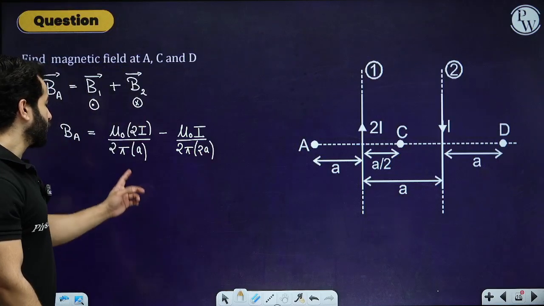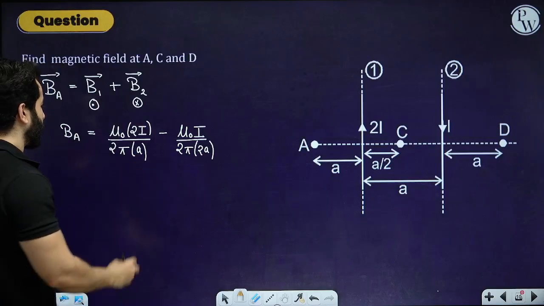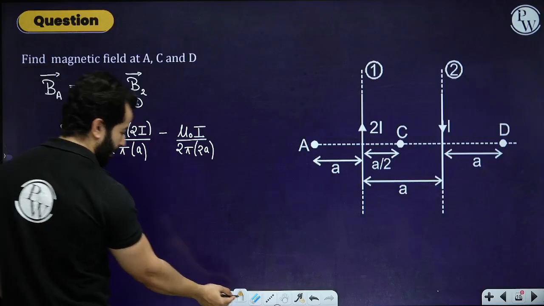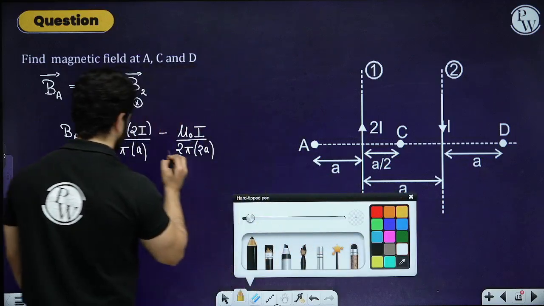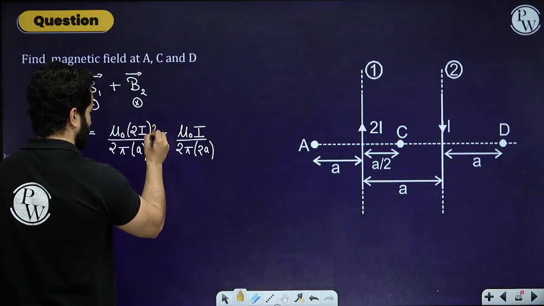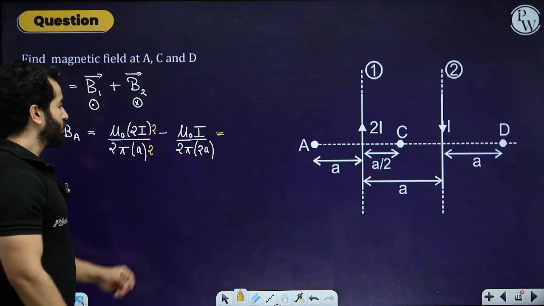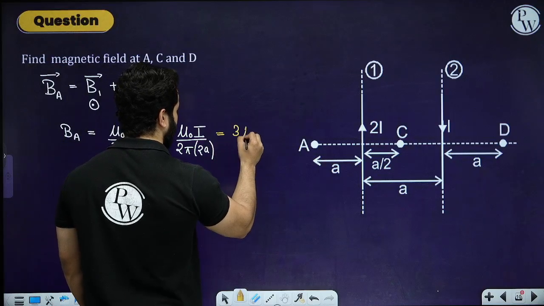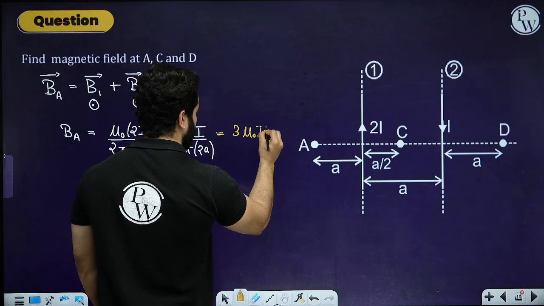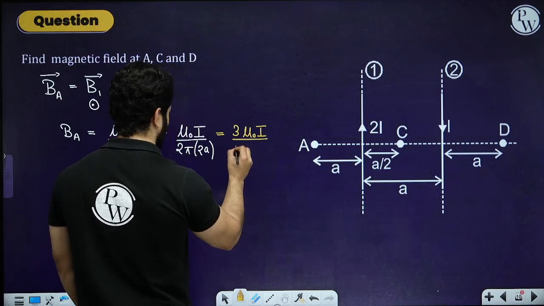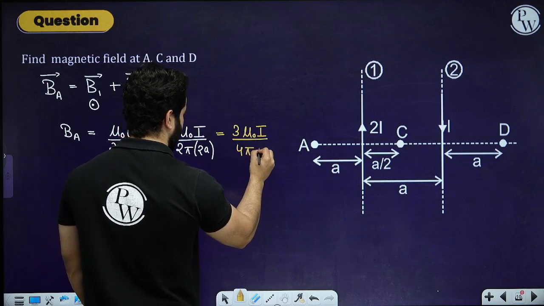Is that clear? So we have got 2 pi A, we have got 2 pi 2A. So I'll multiply 2 over here. So finally we'll get, this will be 4. So this will become 3 mu naught I upon 4 pi A.